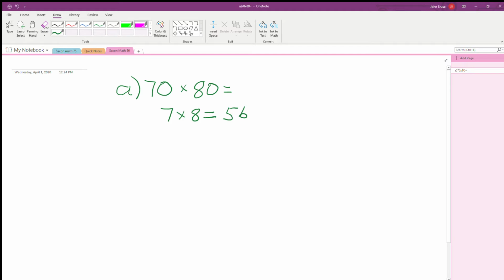We've got 1, and there's 1 there, all right? So we're going to add those 2 zeros to the end of our problem. So we've got 0 and 0. So 70 times 80 is 5,600.